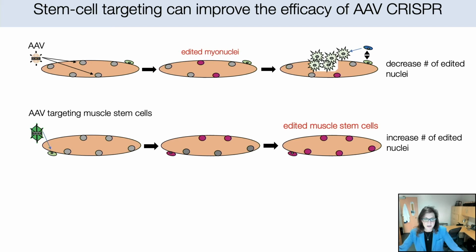Instead of redosing, if we had an AAV that could target myonuclei and muscle stem cells, we would have a very long-lasting, robust, and durable therapy, because these muscle stem cells can divide and repopulate their niche where they reside, as well as replace the lost nuclei that would have occurred through dilution of satellite cells. So I think that is my last slide.